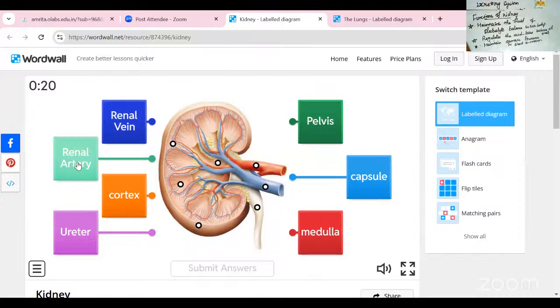Renal vein, renal artery, cortex, ureter, medulla, capsule, and pelvis. So there are 7 parts here. Now I am going to choose the right part.